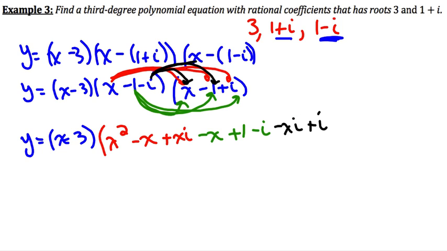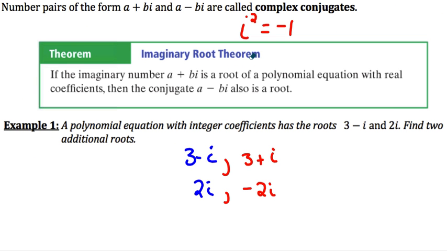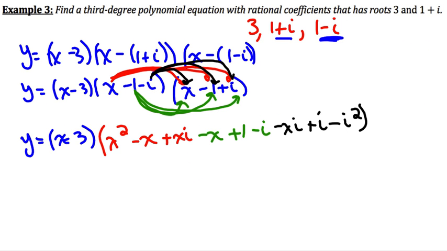And then negative i times i is negative i squared. And if you remember, back on this slide right here, this is why I was saying we need to remember this, okay? i squared is equal to negative 1. So that's why I was reminding you of that. That was something that we had talked about earlier in chapter 5, so we just need to remember that fact.